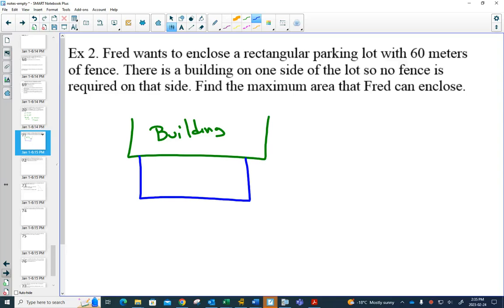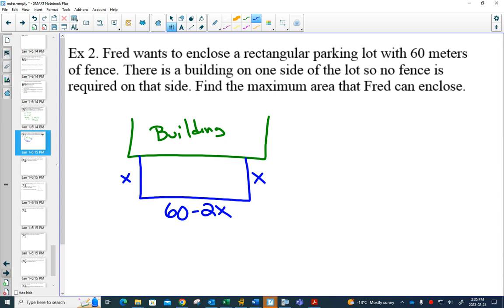So we have some options. It could be like 10, 10, and 40, or 20, 20, and 20. We have different options. Now, what we do is we choose a variable. I would choose this side to be x because that makes this side also x. And if you've used up that amount, whatever will be here would be 60 minus 2x.